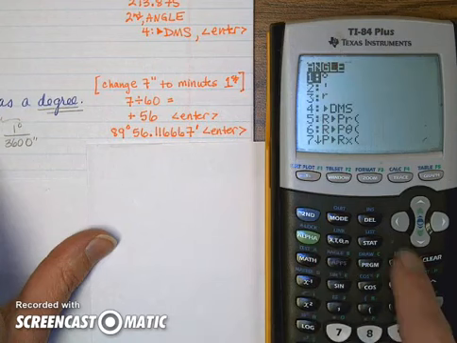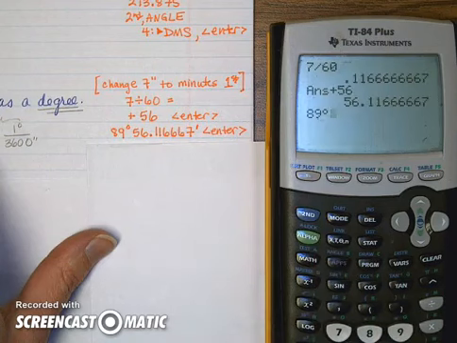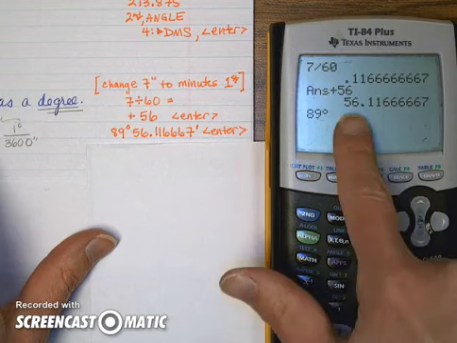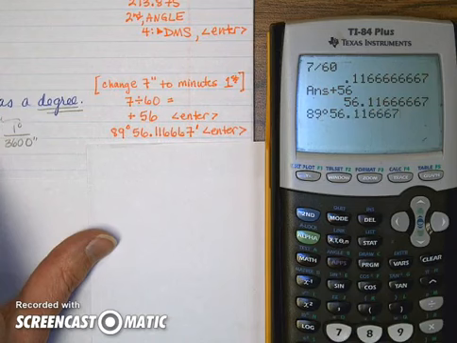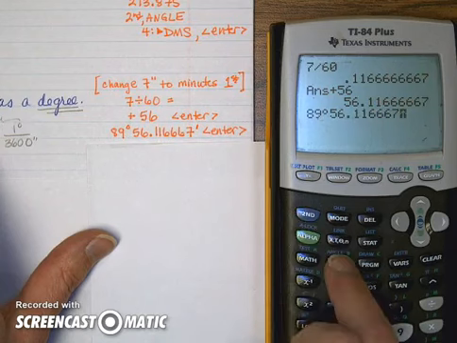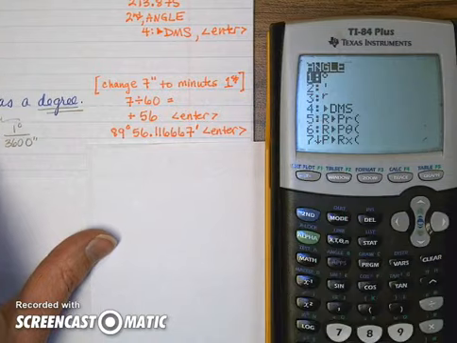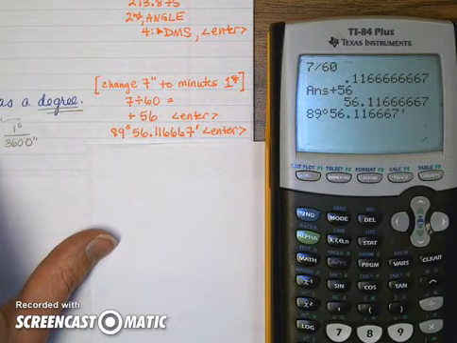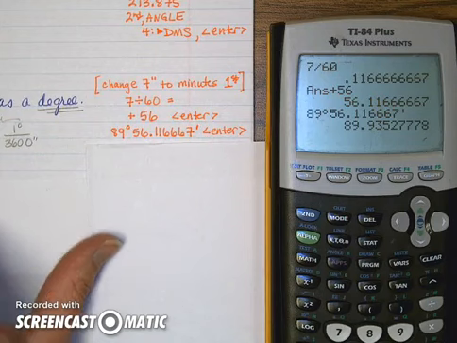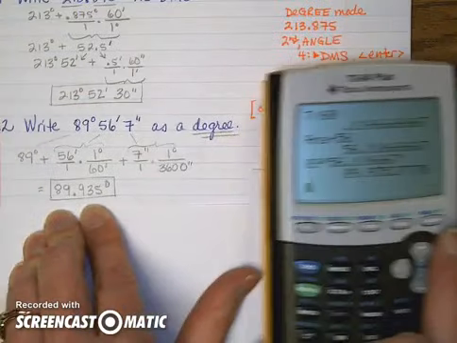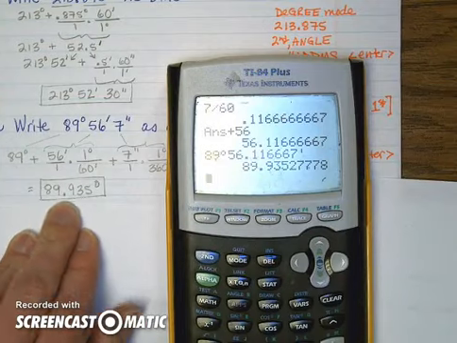I picked the little degree sign. And then I want that answer. So I need to do 56.111667. And I'm going to go back and get the minute sign. And then I hit enter, and it will give me the same value that we received. Let's see, it's right over here. There it is, 89.935 degrees.